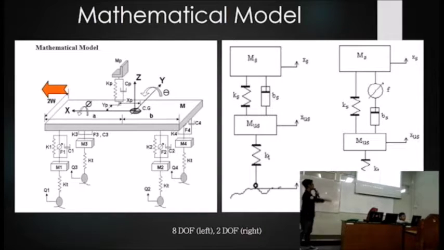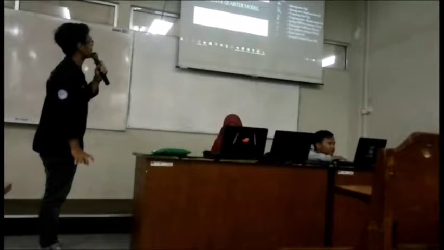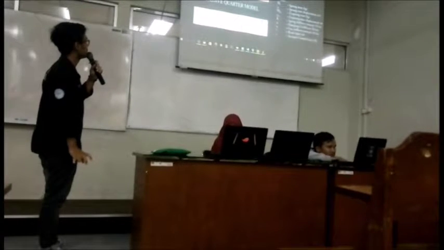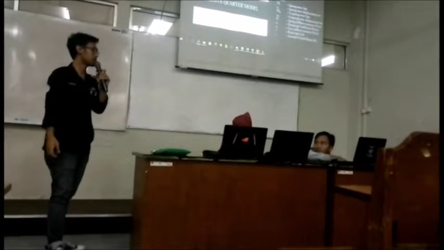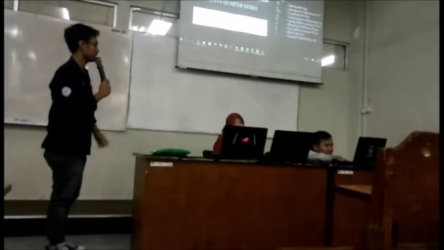We have the body of the car, symbol SMS, the spring KS, and the damper BS. The spring is the spring itself, BS is the shock breaker, and MUS is the mass of the wheels and tires. Next. This is the equation that we use for MATLAB. Maybe Kevin can explain.